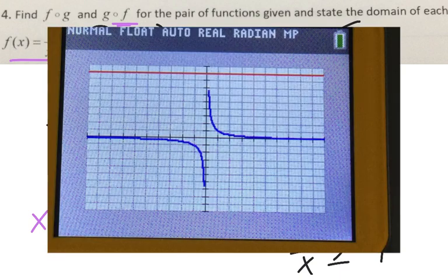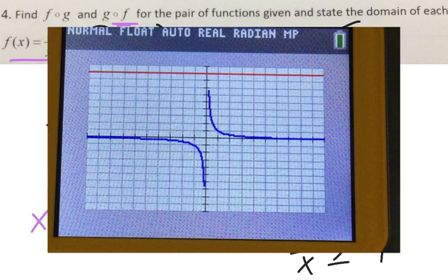So when I graph this, here's what I've got. This shouldn't surprise anybody. 1 over x is a rational function, it has a vertical asymptote. And then y equals 9 is this line. So I'm looking for where this is greater than this line. Over here, does this ever go above the line?